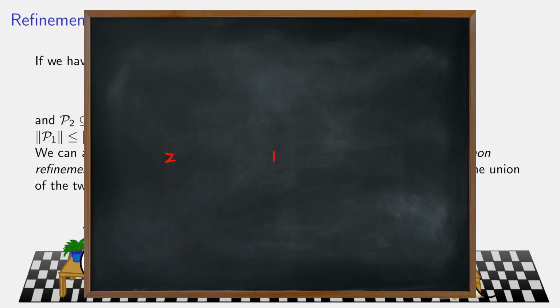Okay, so what do refinements look like? Let me erase those little corrections I made. So if this is P2, it just has x naught through xn. Now I'm going to make a new refinement, but I want it to have P2 as a subset. So P2 is going to be a subset of P1.